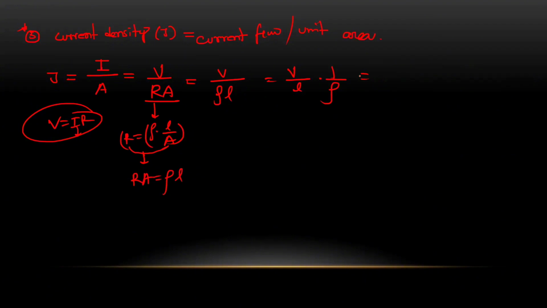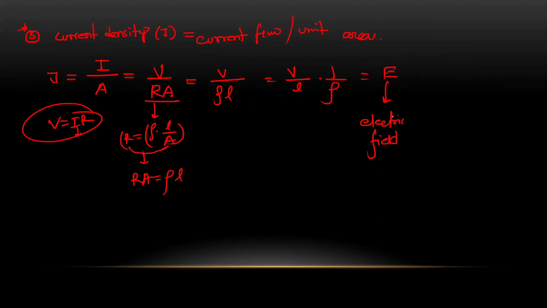Now V by L is called actually E. It is called electric field. Why am I telling you these things? Because in some competitive exams, they sometimes ask some physics-oriented things. So that's why I think you should know this.